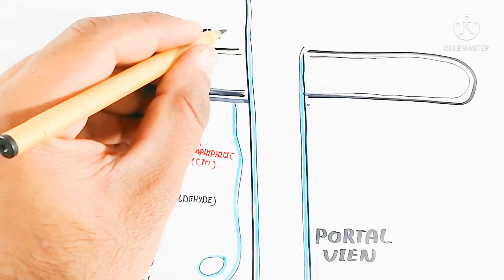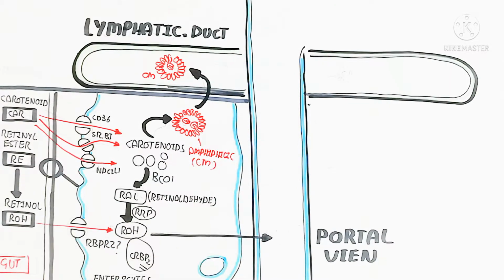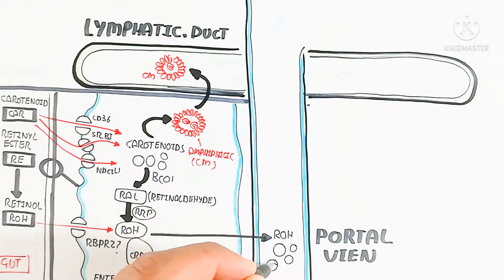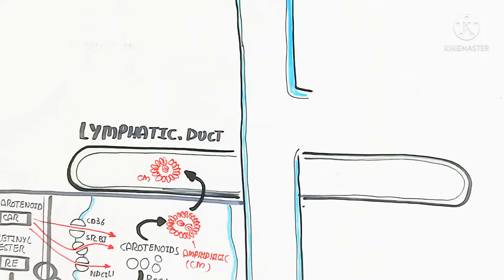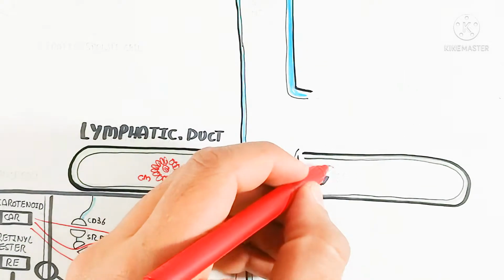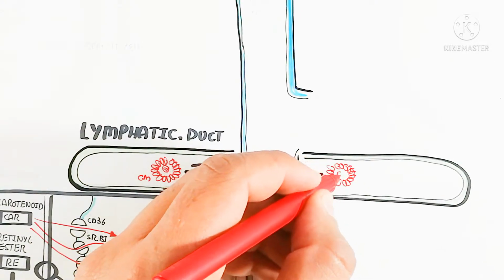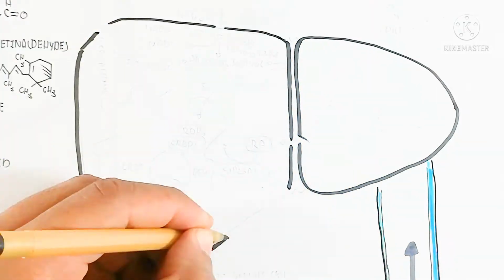So the liver has a double circulation. So here is the lymphatic duct, and in this way the retinol containing the hydroxyl group will move into the portal vein and ultimately go into the liver. While here the chylomicron will move into the lymphatic system and also enter into the blood circulatory system.